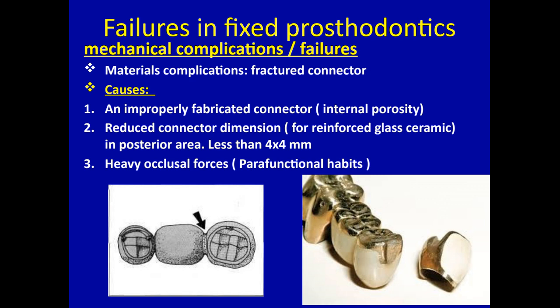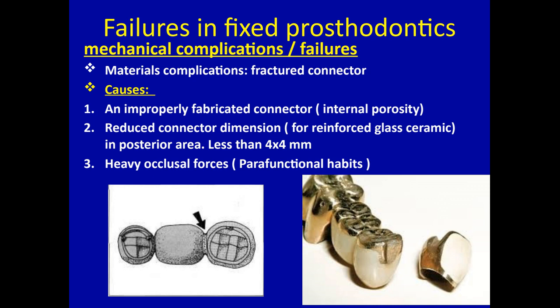The dimension of the connector should be 3 by 4 mm in anterior teeth and 4 by 4 mm in the posterior area. If it is less than this dimension, it will be a weak connector and more susceptible to fracture under occlusal forces.